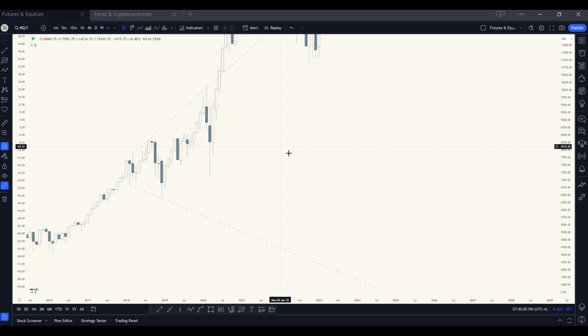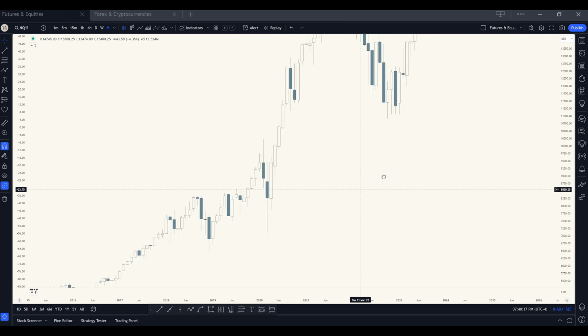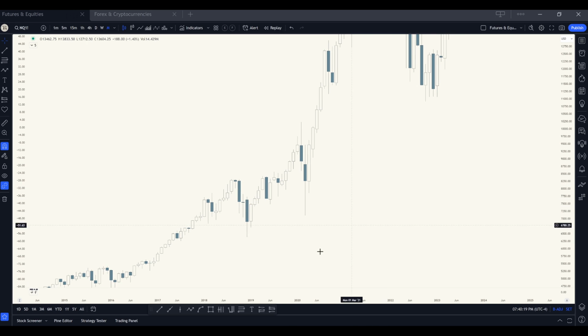When we look at this right here, this broadening formation, where is the very beginning of it? I'll remove these lines because they're not necessary. But the very beginning of the broadening formation is going to be where the very first Judas swing occurred, right? Now, if I were to zoom in, you might find more Judas swings, right?